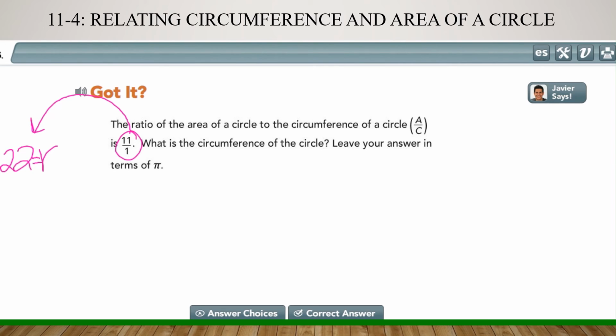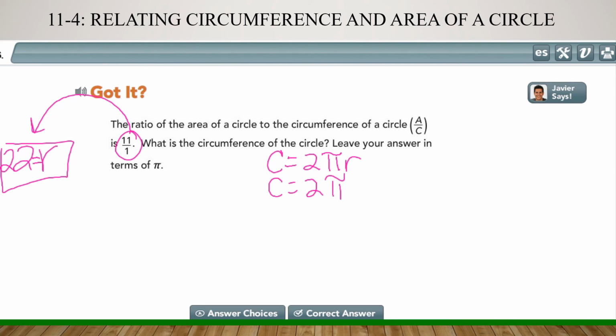So we have two different circumference formulas, one with diameter, one with radius. Since we have the radius, we're going to go ahead and use the one with the radius. So the formula for circumference with radius is circumference equals 2 times pi times the radius. We are going to bring down circumference, bring down 2, bring down pi because it said leave it in terms of pi.